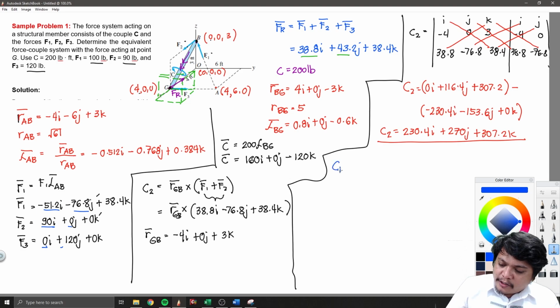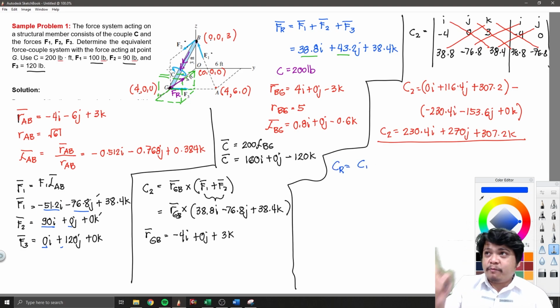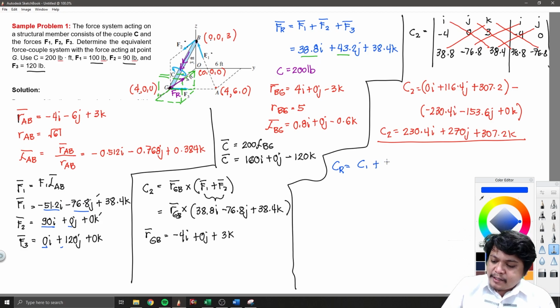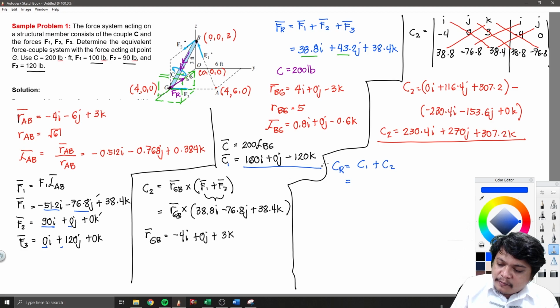Now, to get for the resultant C, that would become C1 due to the couple alone. And then plus, yung C2 natin, it's due to the forces or the moments of the forces. So, yung C1 natin, eto yon. So, we'll call it the C1. Eto yung C2. Pag-a-addin natin sila, so that's 160 plus 230.4. So, that is 390.4.